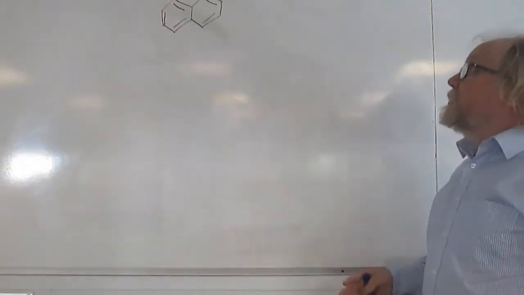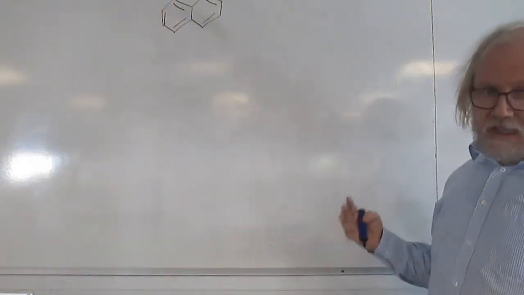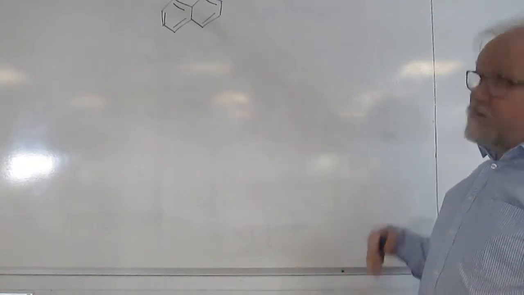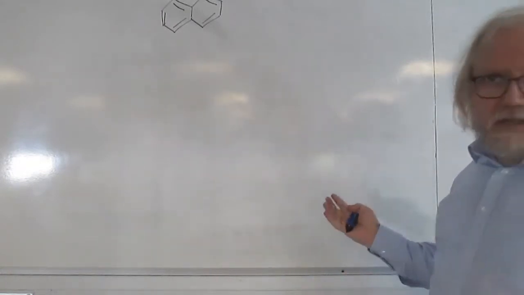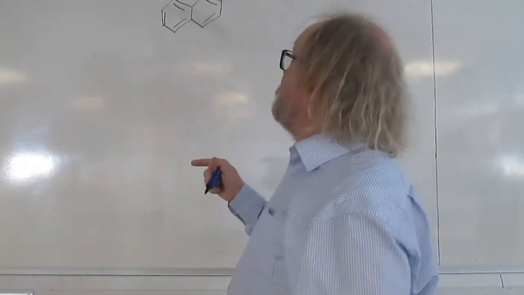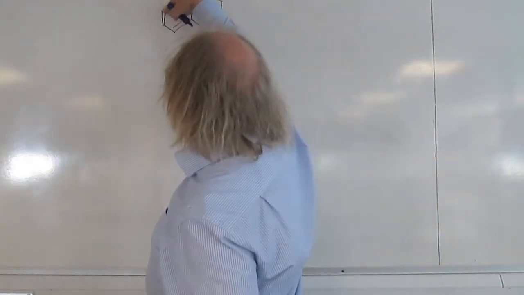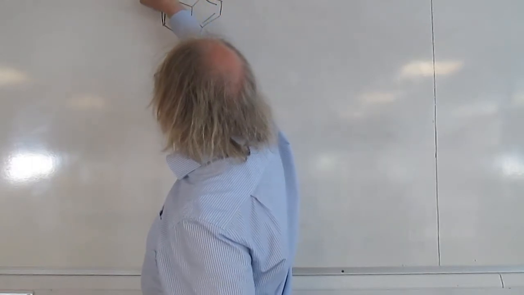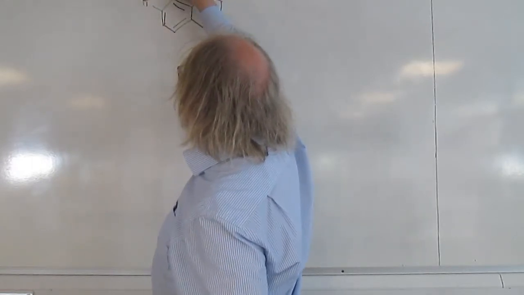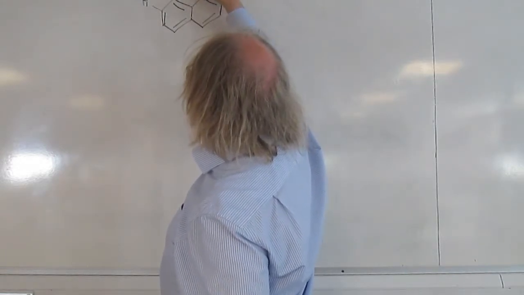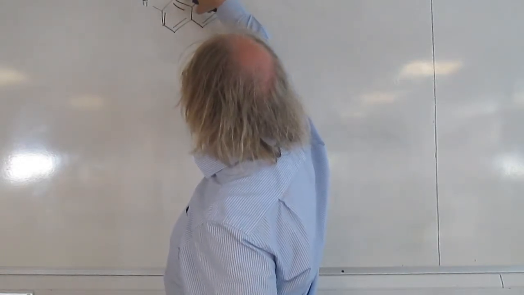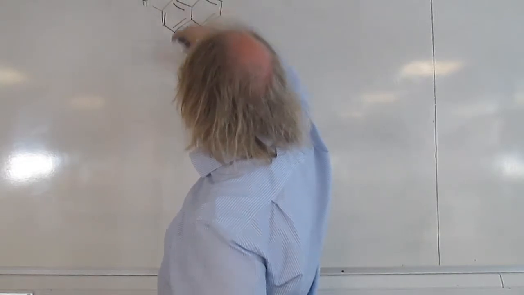Okay, question 17 is quite a straightforward one. We just go through and count how many hydrogens there are there. So we just use the rule that in a stable molecule, a carbon is always going to have 4 bonds. So if we start here, say, that carbon has 3 bonds drawn, so it has 1 hydrogen on there. That one has 3 bonds, so it has 1. That carbon has 4 bonds, because double bond and 2 single bonds, so no hydrogens on there.